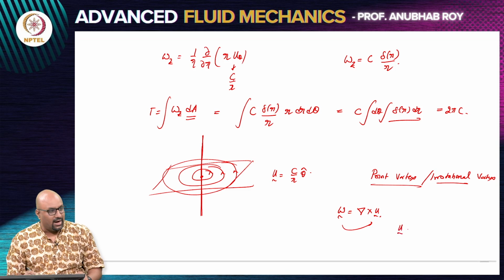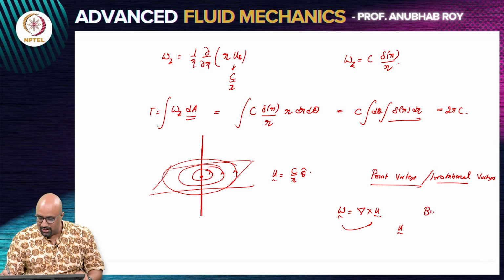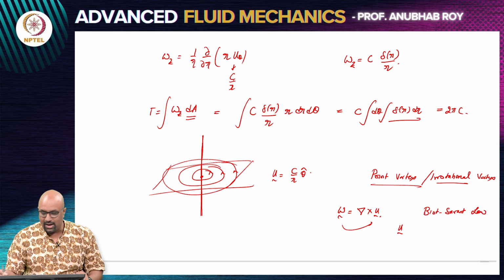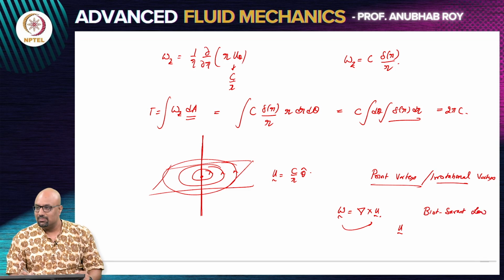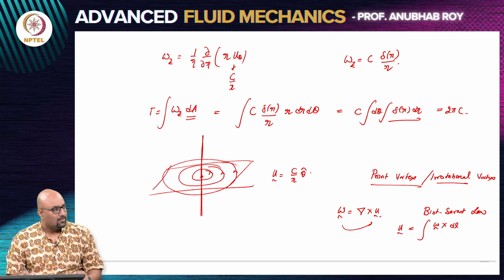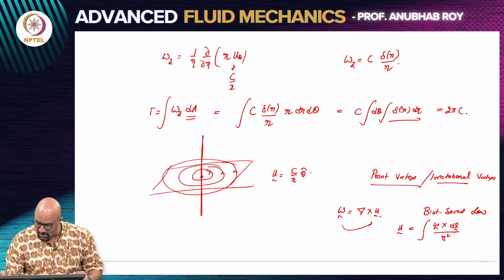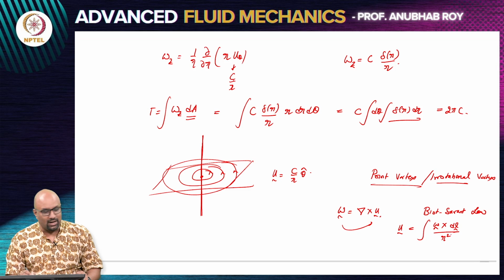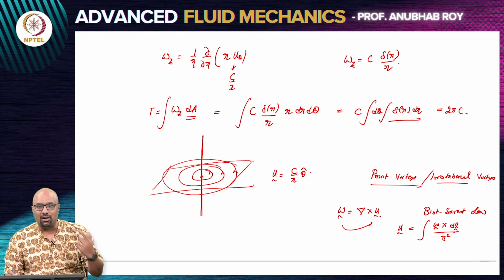So, if I want to write what is the velocity in terms of vorticity, this is something which you might have seen already in electromagnetism, where if there is a line of current that will drive a magnetic field. So, here you will have, over a distance, I am not sure if this is r square, but you will have a relation that will give us that the vorticity is going to drive a velocity field everywhere.